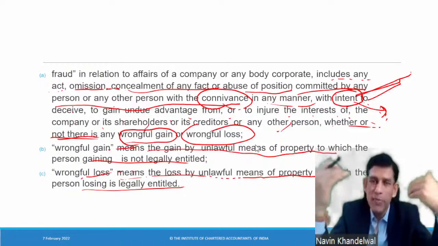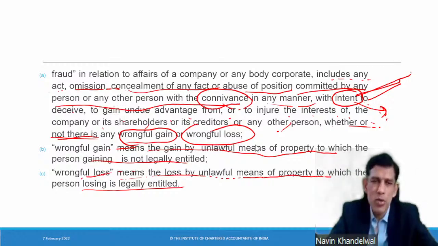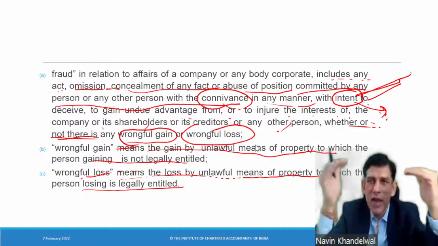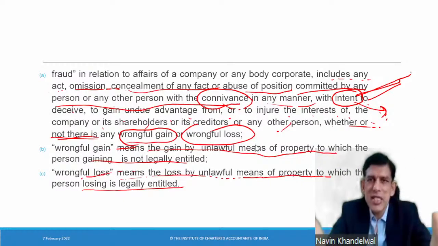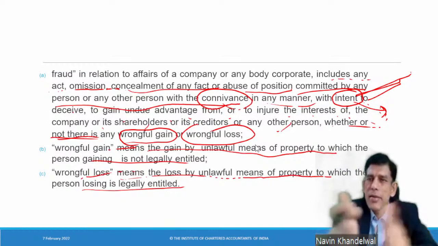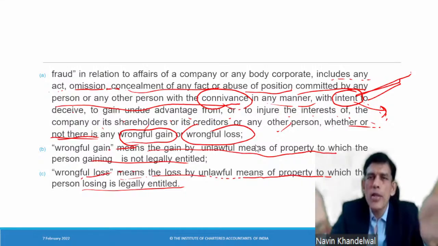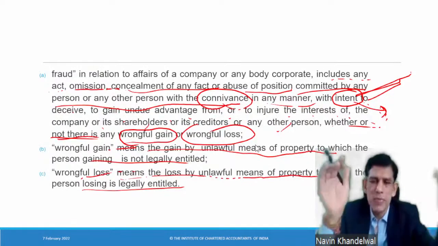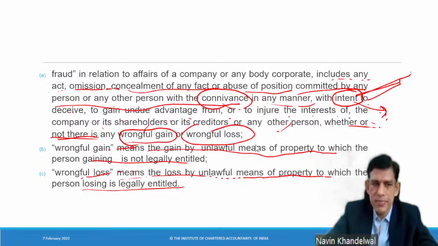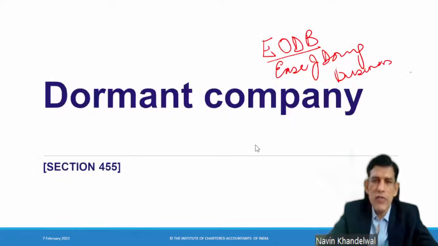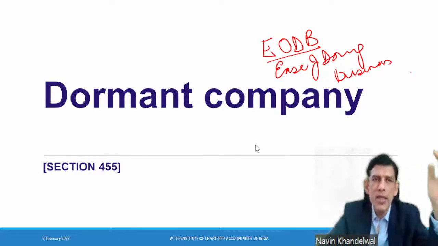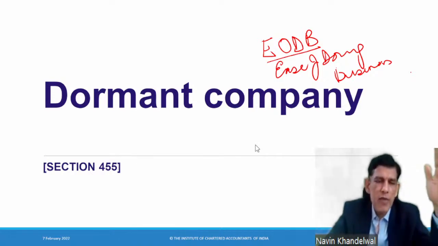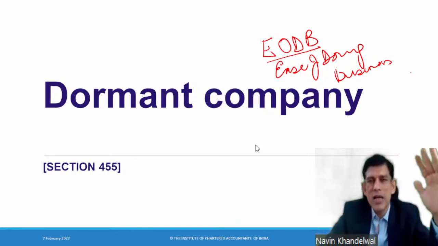And as a consultant, as a practicing chartered accountant, as a future chartered accountant, as a professional, we have a big duty on hand where we need to understand this section properly and communicate to all the people who are involved in doing business in the form of a company. Right, friends? So this is 447 for all of us. We have covered three aspects: dormant company, government company, and 447 as a fraud.